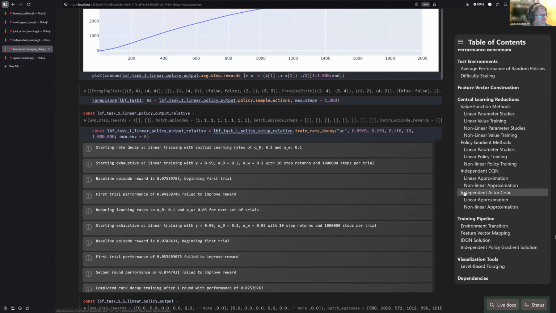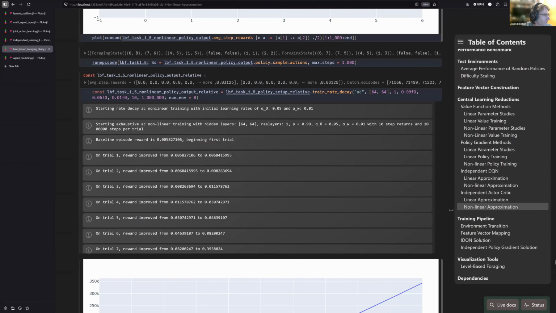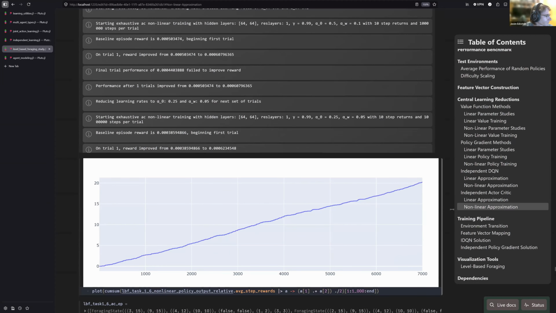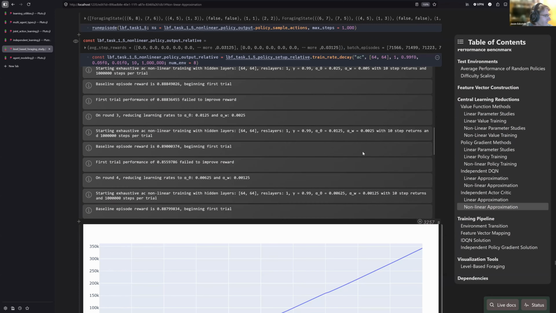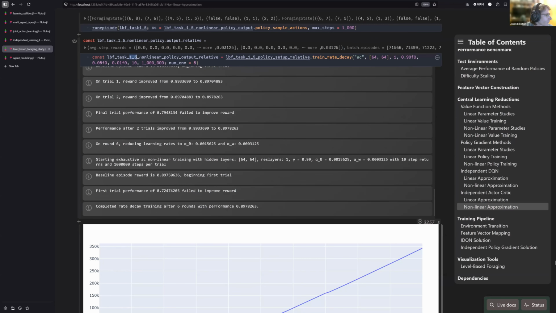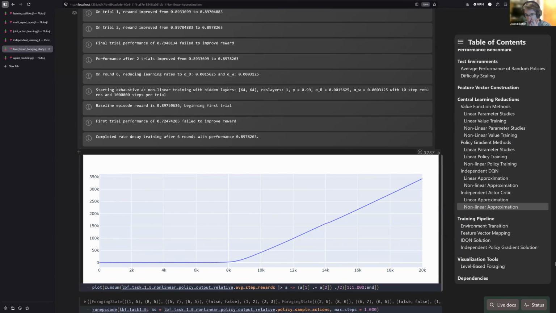So yeah. Oh, also in this, I wanted to show, so for independent actor critic, also train this on, oh yeah, so this is task 1. So this task is the one with the larger grid and one that requires coordination.